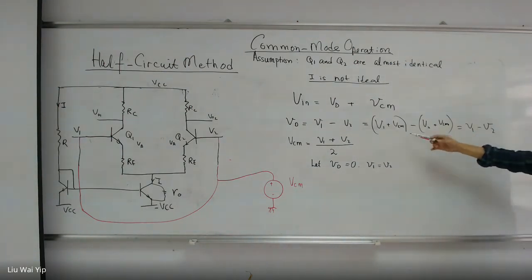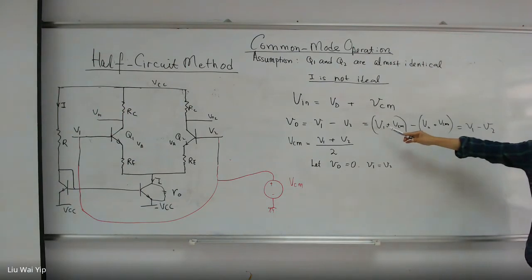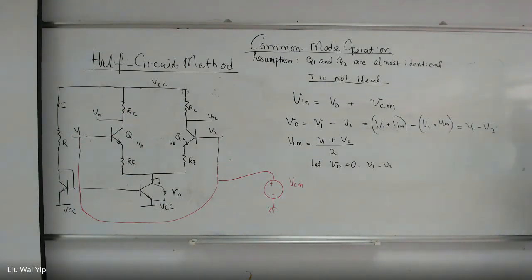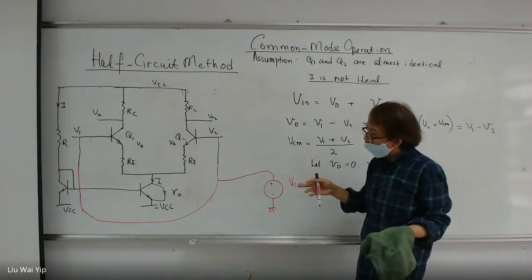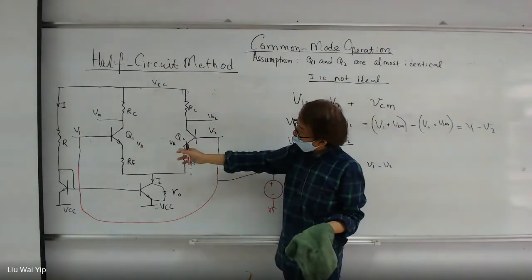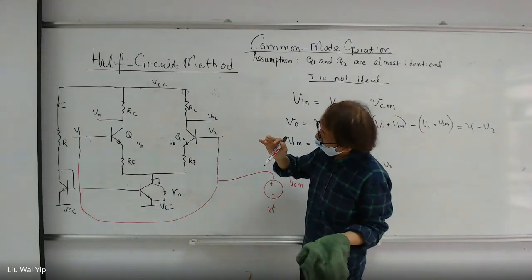Originally, based on this assumption, the input is just V1 minus V2. But now the input is not V1 minus V2, because the noise can get into the circuit, and the noise is amplified. So we literally have a very, very poorly performing differential amplifier.